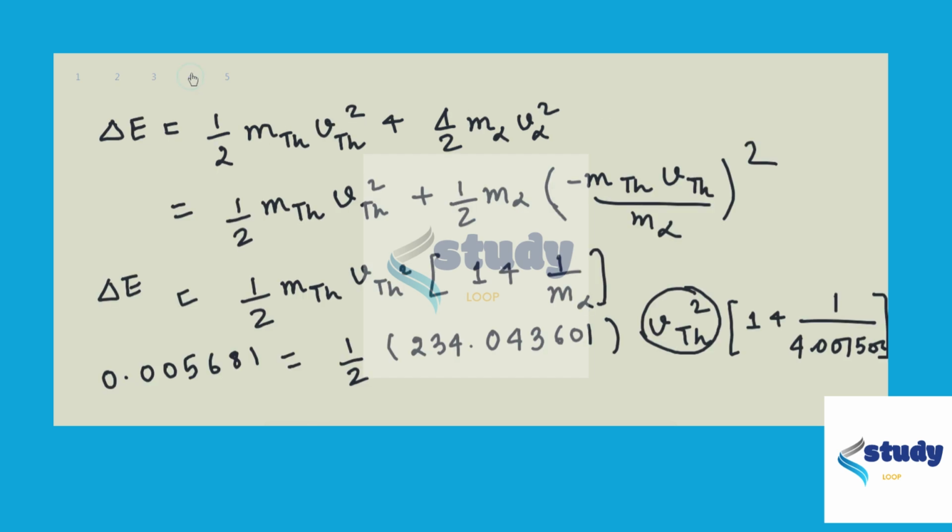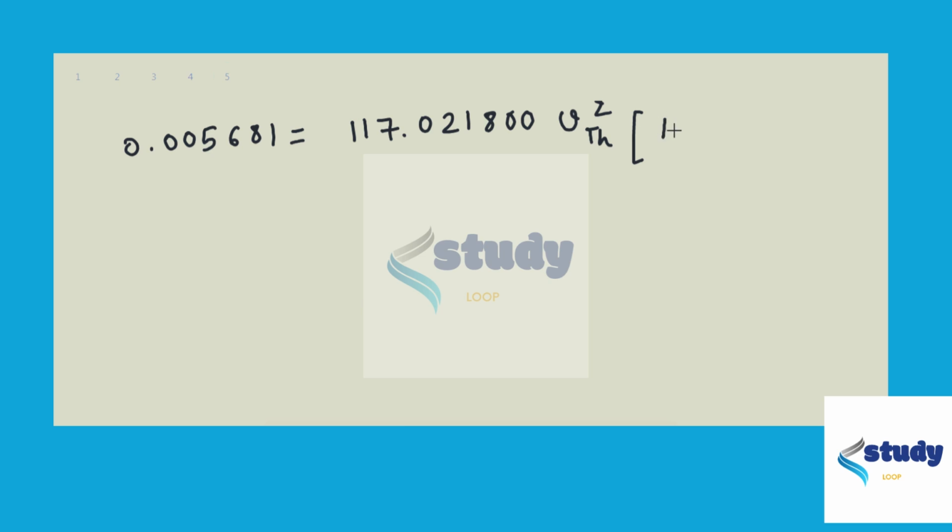And how much will this be? 1 by 4.001505. This will be 1 plus something, 1.249906990. Alright. So finally, V thorium squared would be 217.218.